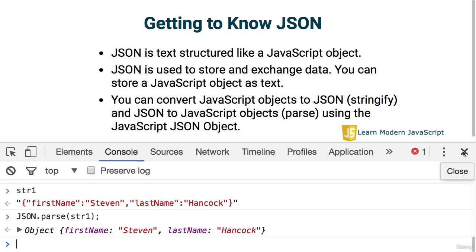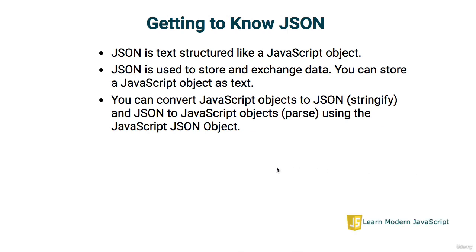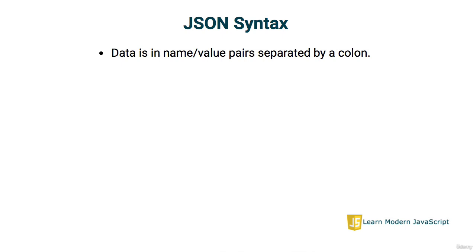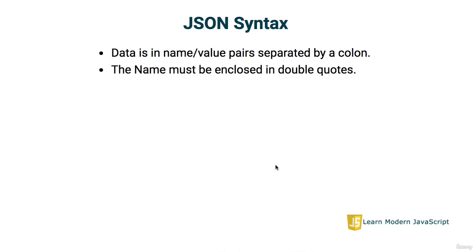All right, let's take a look at the syntax for the JSON format. First off, data is in name value pairs, separated by a colon. We've seen that. But all data must have a name value pair. And the name must be enclosed in double quotes.